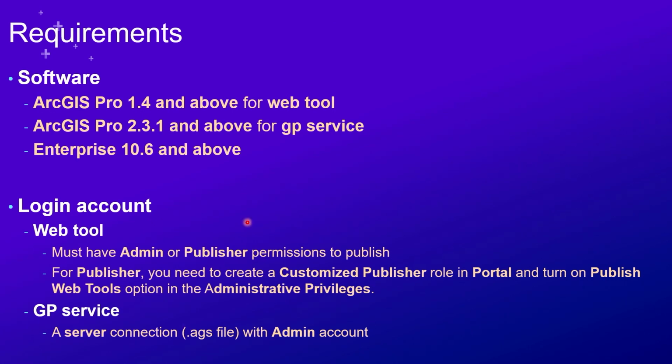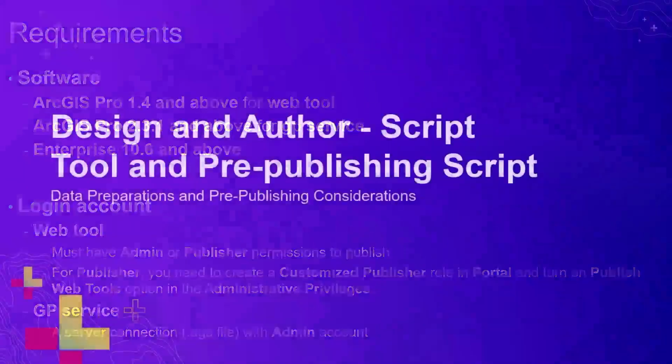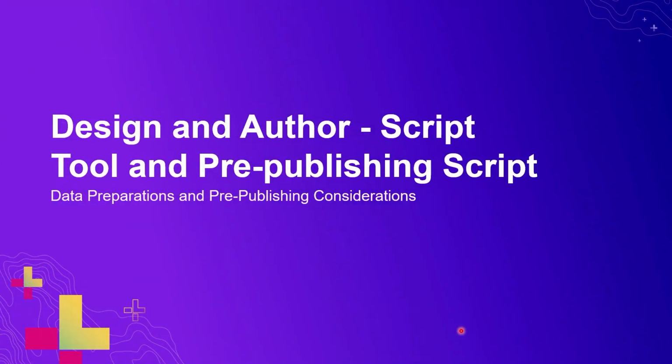All right. So once you have the requirements, let's look at the code. Now, before you publish, you do need to design and author your script, both in your script tool and your pre-publishing script, which is the script that calls the script tool.